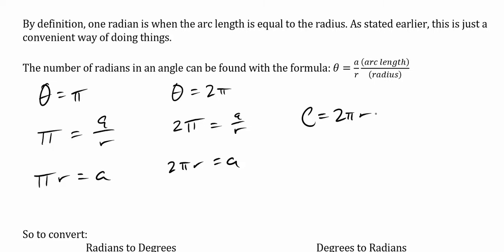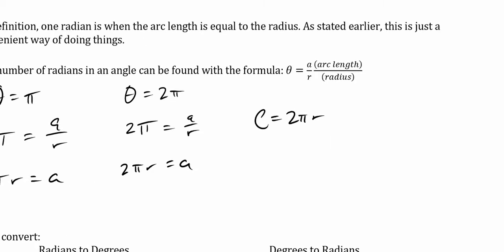So 360 degrees is the same as 2 pi. Does that make sense? And then if you think about this one over here, pi r is half of 2 pi r. So when I put pi in, that's like 180 degrees. Or we could show it this way. Let's think about this.